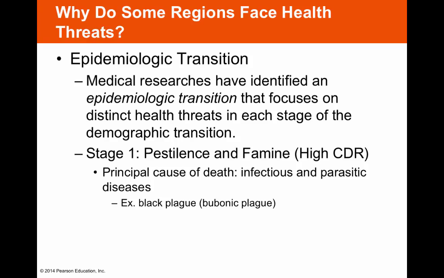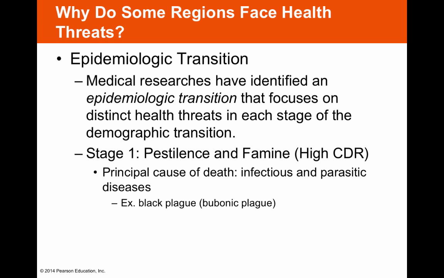Okay, this is a branch of science that studies diseases. So stage 1 is the stage that deals with pestilence and famine. They're going to have a high crude death rate, so their principal causes of death are going to be infectious and parasitic diseases.